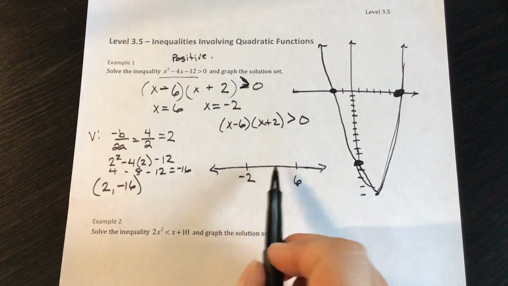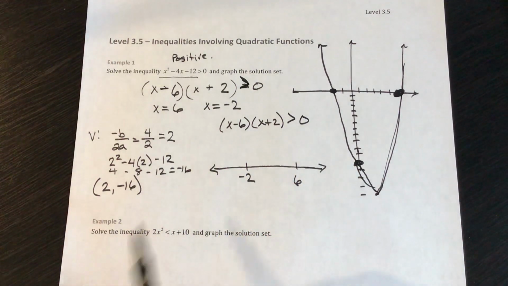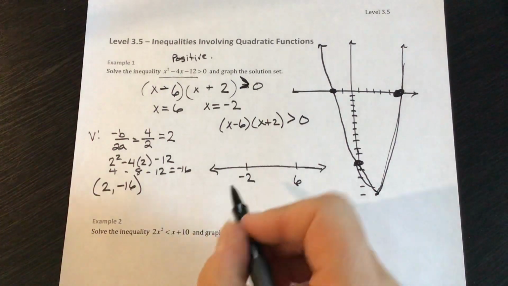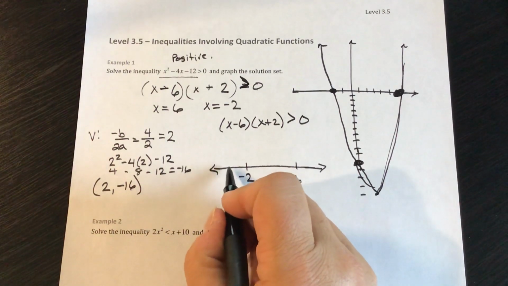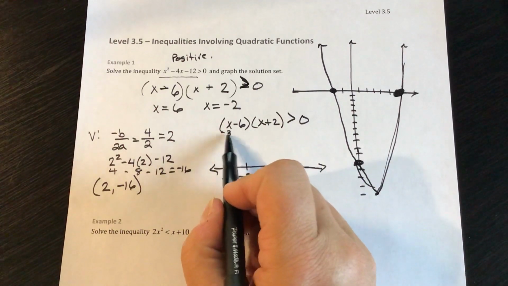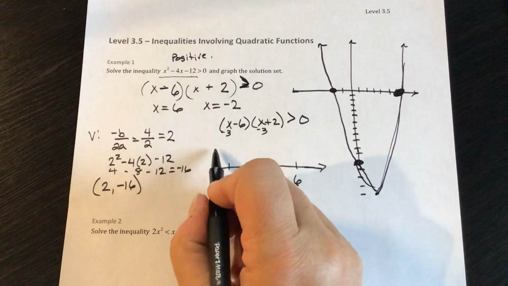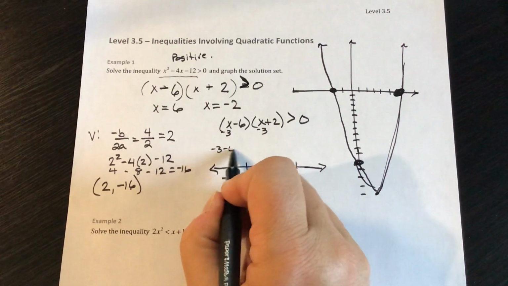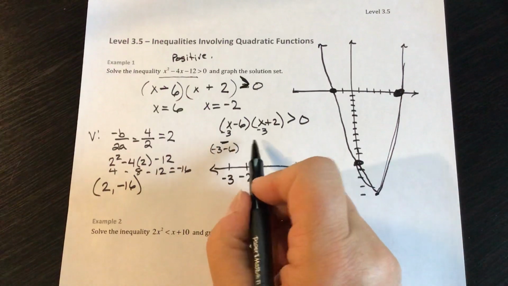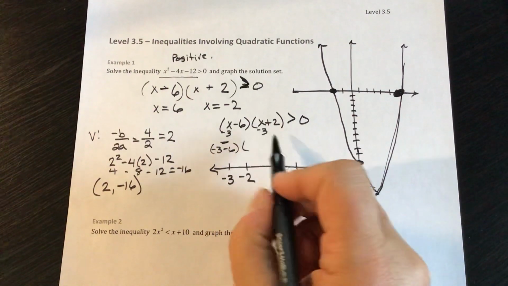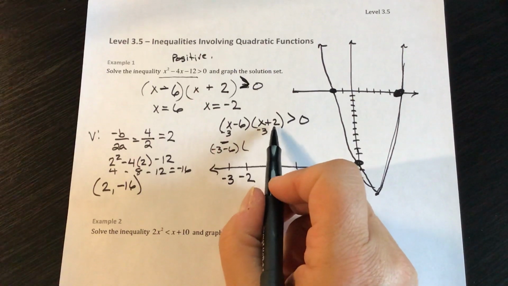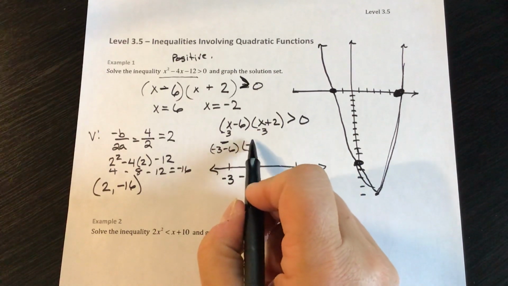So we're going to pick numbers that are in each section. So if I pick a number that is to the left of negative 2, like negative 3, and I plug in negative 3 here, I'm going to have negative 3 minus 6 is a negative number, and negative 3 plus 2 is a negative number.